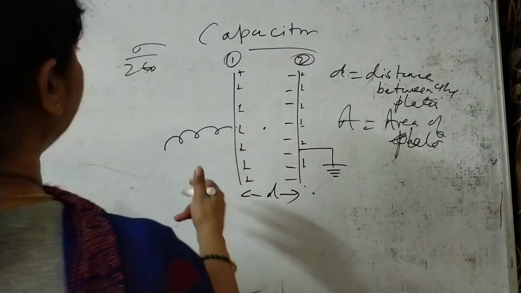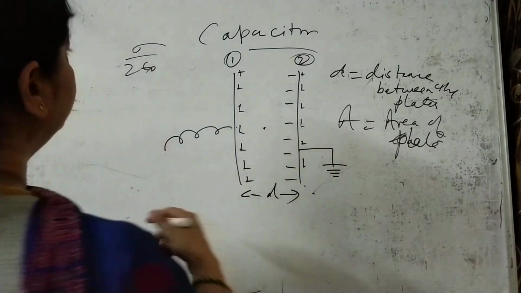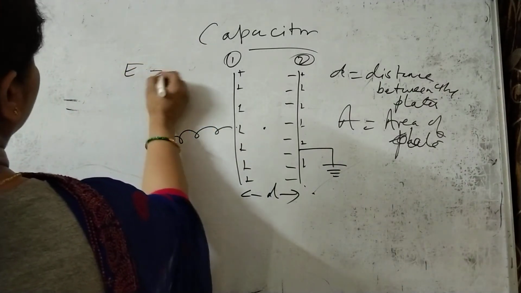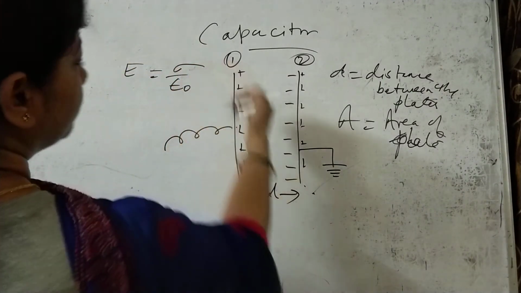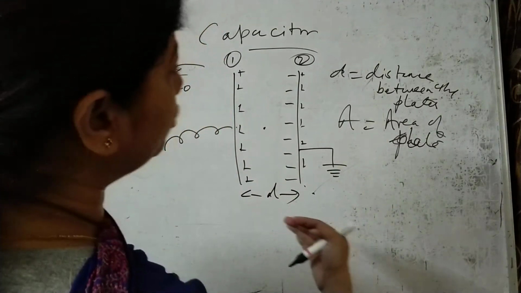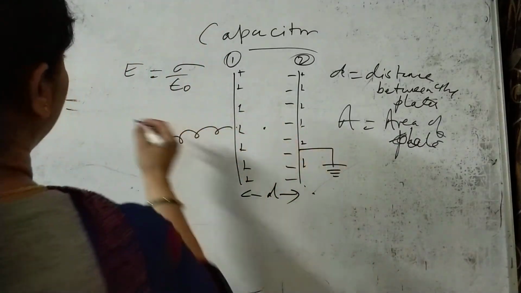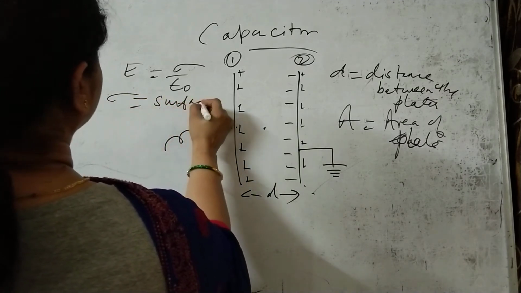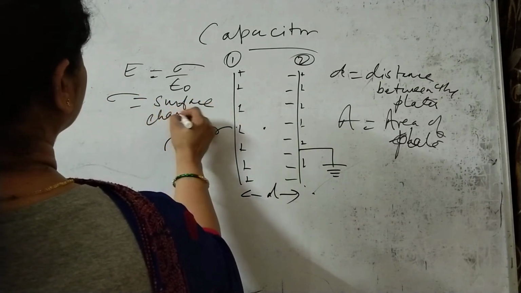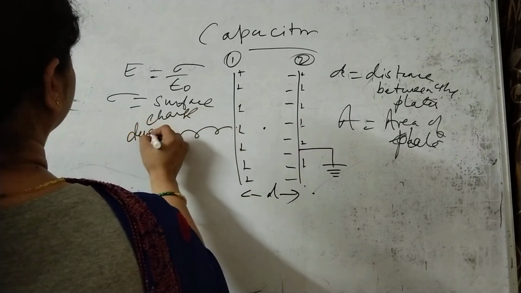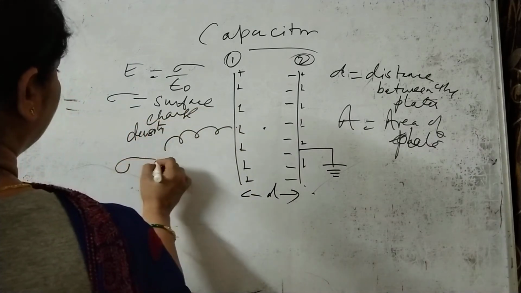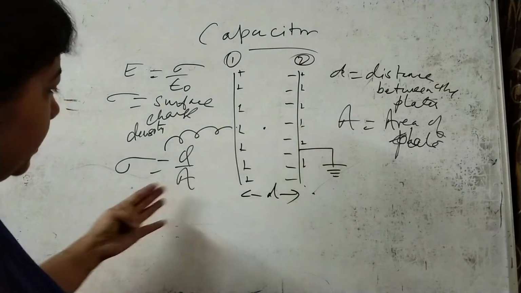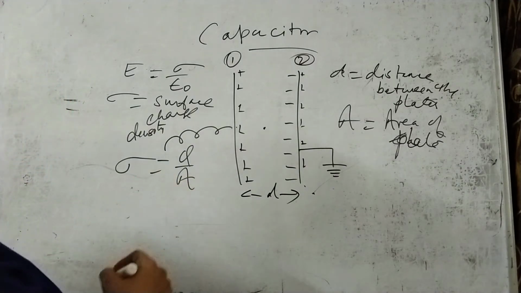So the resultant electric field here is E equals sigma by epsilon naught, because sigma by 2 epsilon naught plus sigma by 2 epsilon naught gives sigma by epsilon naught. Sigma is the surface charge density, and this equals Q by A. We know this. This is the charge by the area, right?